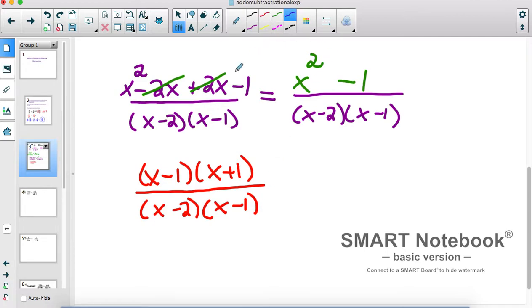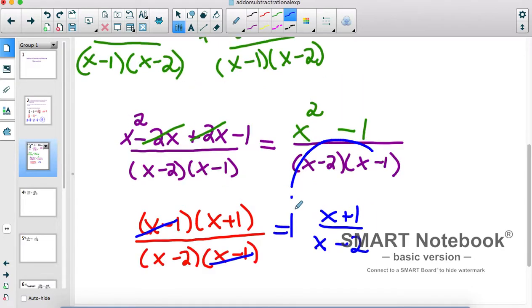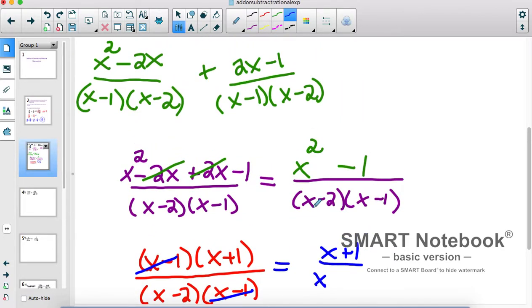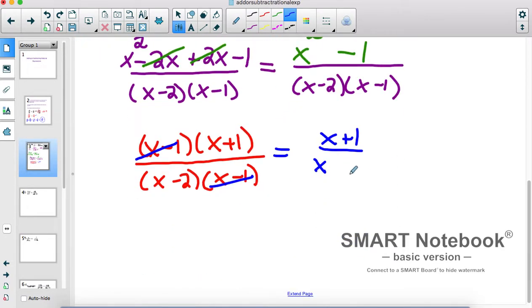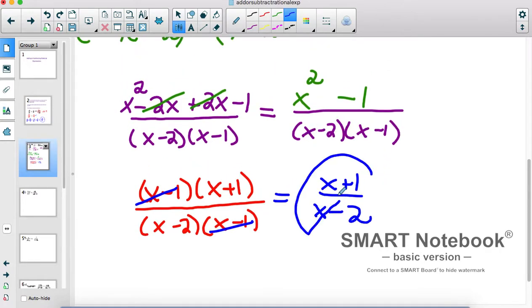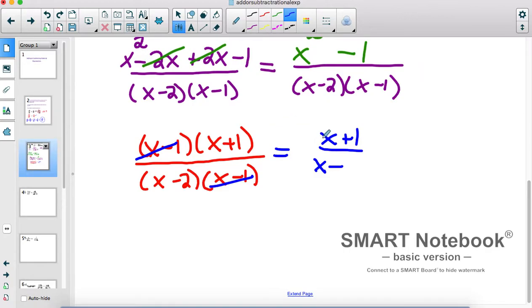As you can see, I can cross x minus 1 out with x minus 1. I'm left with x plus 1 over x minus 2. This is my answer, right? Oh, never mind. Not going to circle it. So this is my answer.